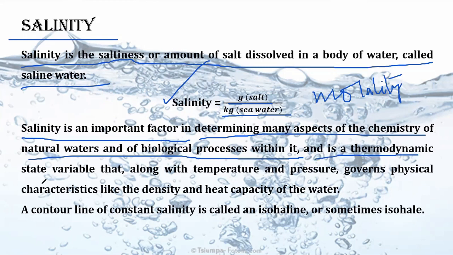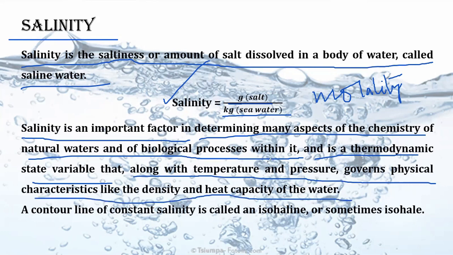Also, it is a thermodynamic state variable that along with temperature and pressure governs the physical characteristics like density and heat capacity of water. Yes, if salt is there, salt is an electrolyte, right? Salt means nothing but NaCl. Now this NaCl is nothing but an electrolyte, okay, which is highly conductive in nature. Now whenever NaCl lies in water, we will find out what this NaCl is causing, right?